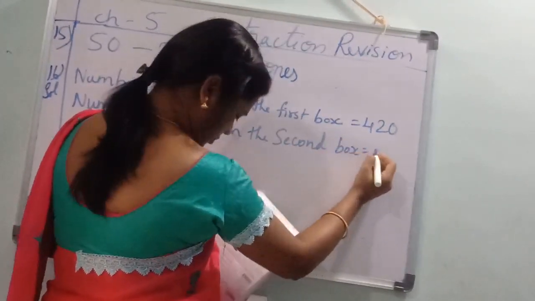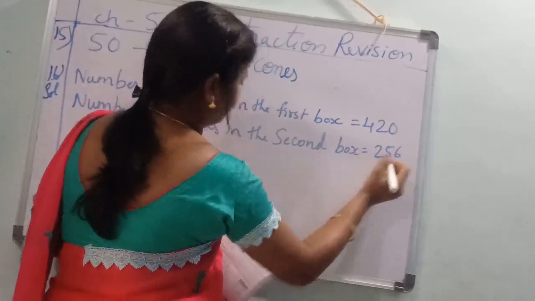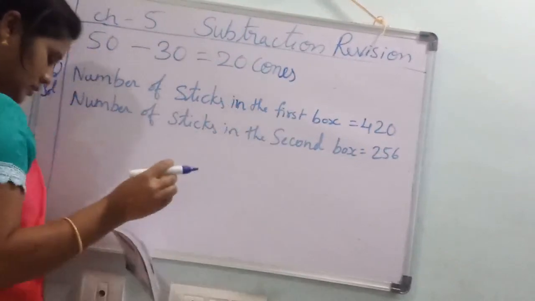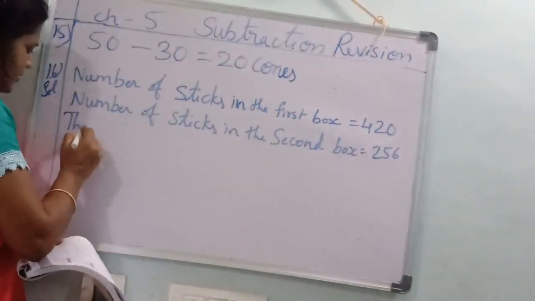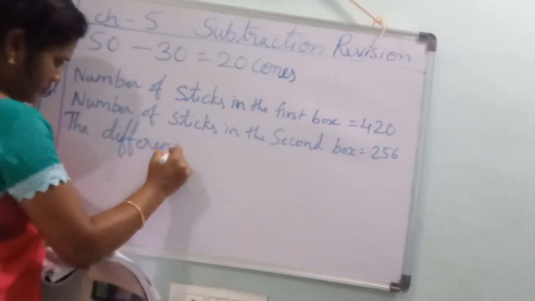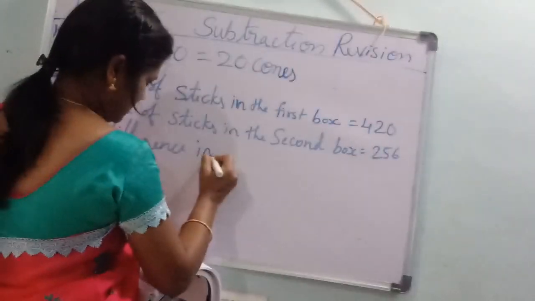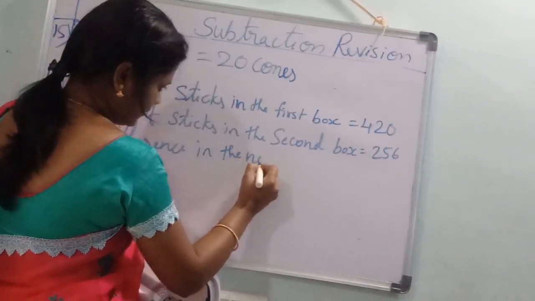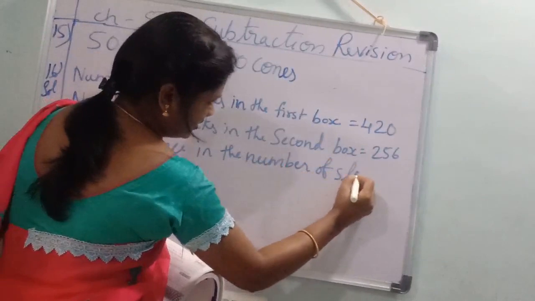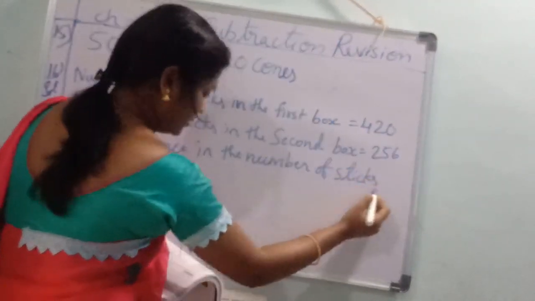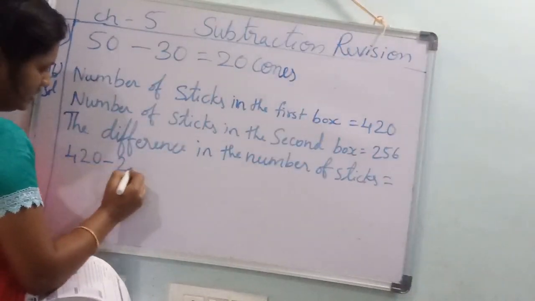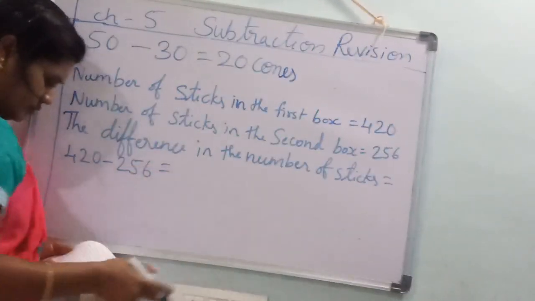How many? 256. Okay. The difference in the number of sticks is equal to 420 minus 256. What you have to do?